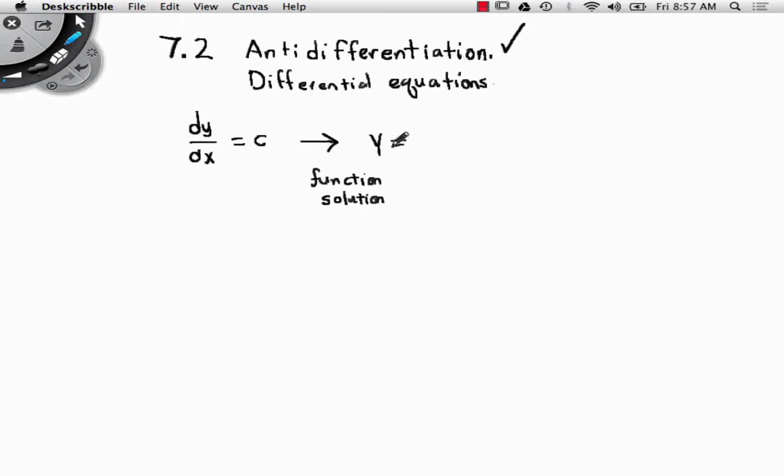That's the question. Well, you have to anti-differentiate this, right? Dy dx equals x plus c. So Carrie said x plus c. So if I differentiate x plus c, do I get c?